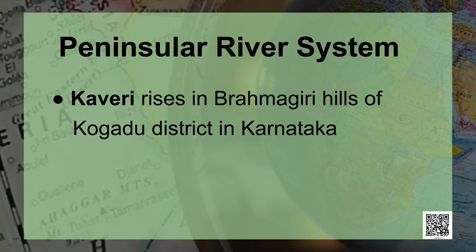Next is the Kaveri river. The Kaveri river rises in Brahmagiri hills of Kodagu district in Karnataka. Its length is 800 km and it drains an area of 81,155 square kilometer.